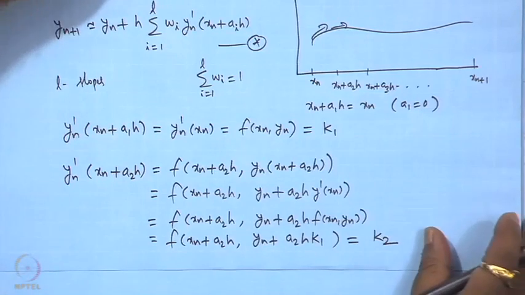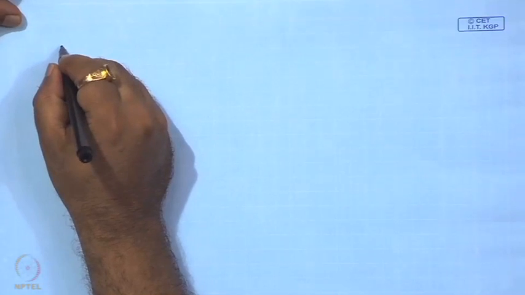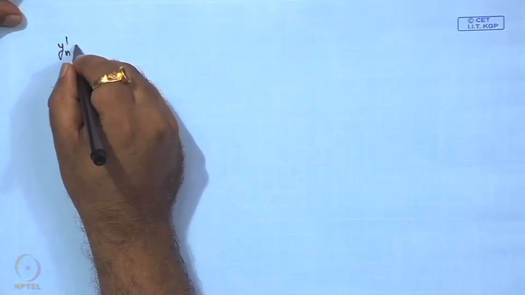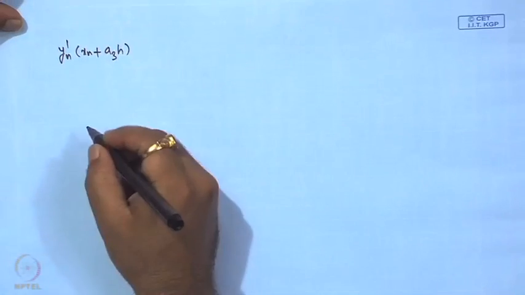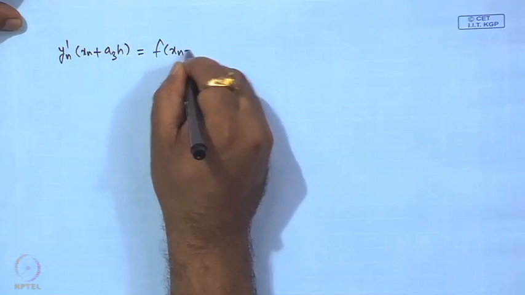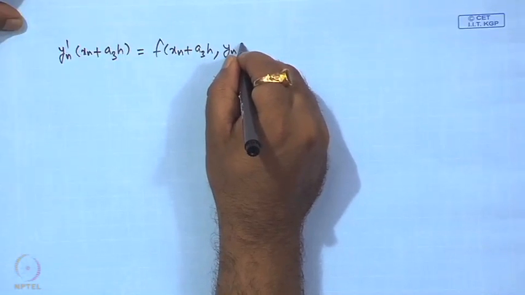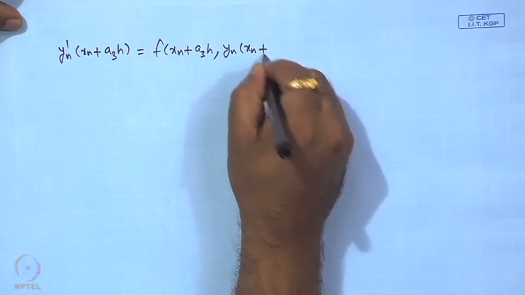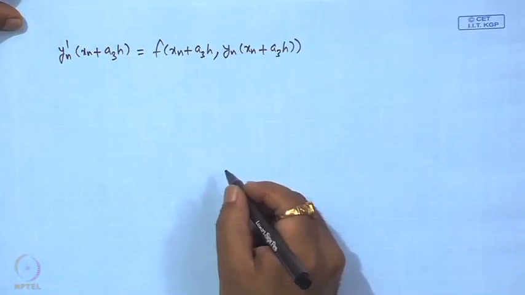So, now we move to the next. What is the next point? The next point is y n prime at a 3, so this is f of x n plus a 3 h.